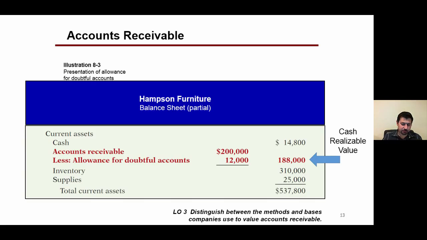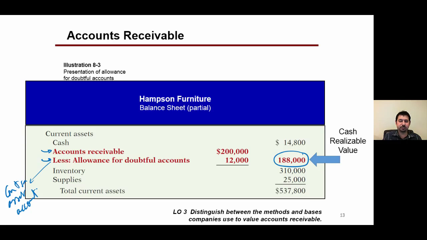This is a partial balance sheet. As you can see here, you have accounts receivable less allowance for doubtful accounts. The amount here is the cash realizable value or net realizable value. This is the actual value of the accounts receivable. As you remember, this is a contra asset account.